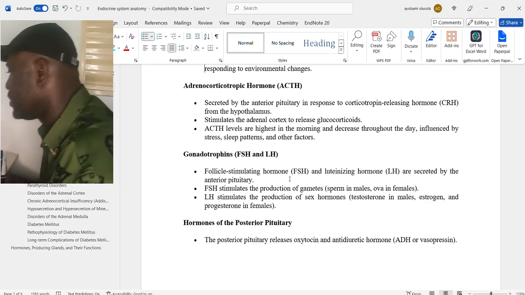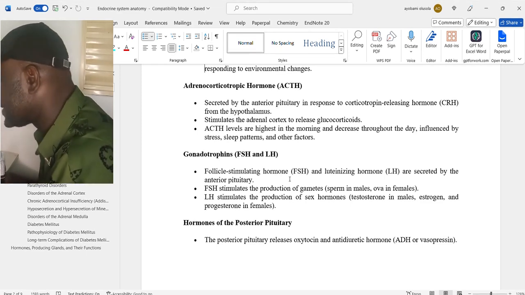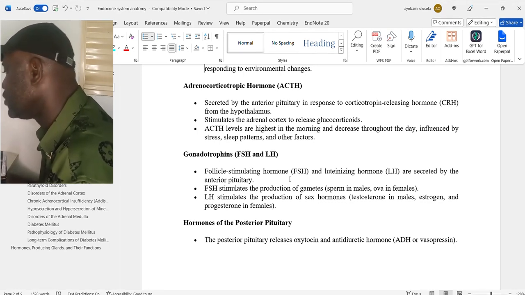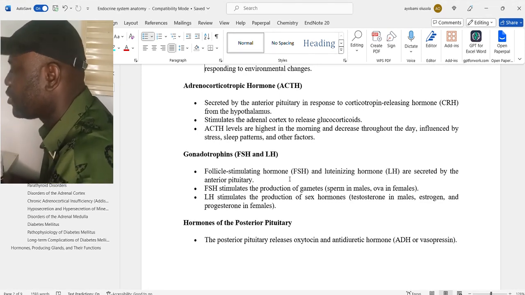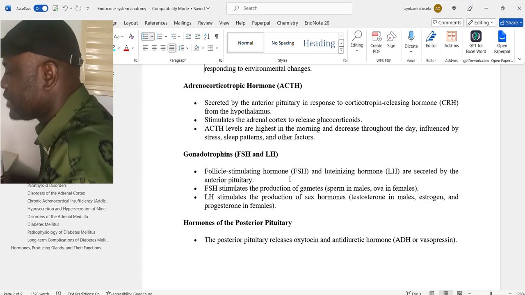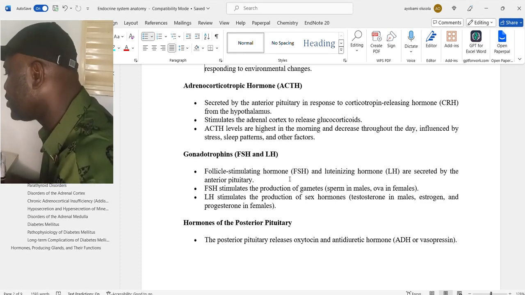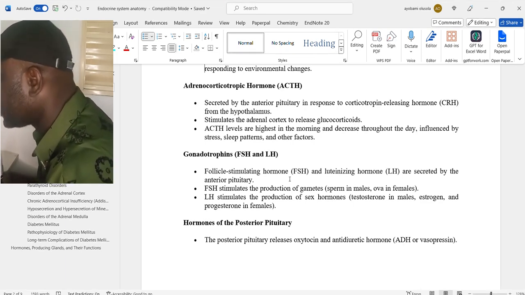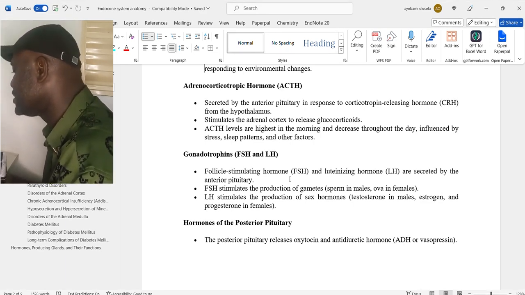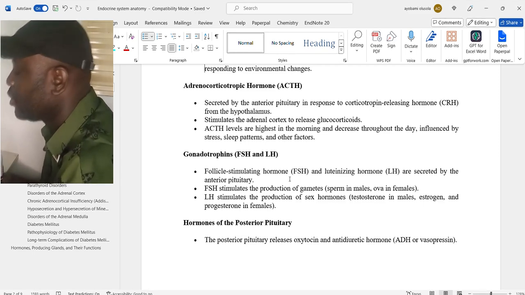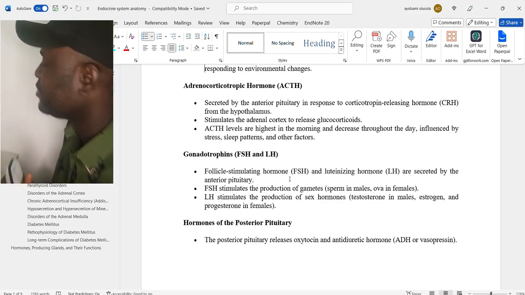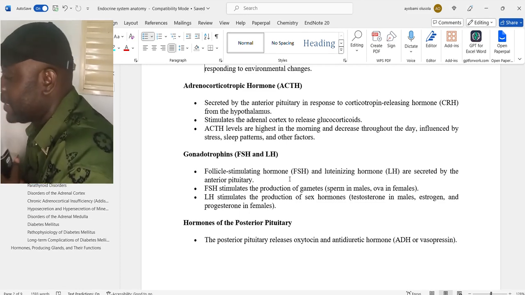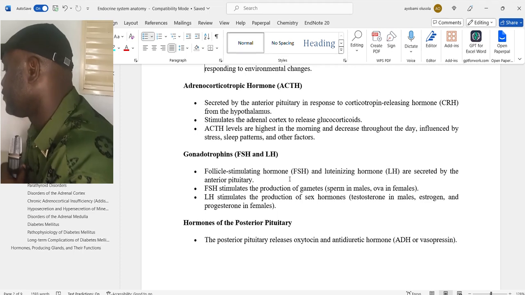Let's talk about the gonadotrophins, the FSH and the LH, follicle stimulating hormone and luteinizing hormone. We call them gonadotrophins because they work on the gonads. And you know that gonads means sex organs, so they work on the testes and on the ovaries. Follicle stimulating hormone and luteinizing hormone are secreted by the anterior pituitary gland.